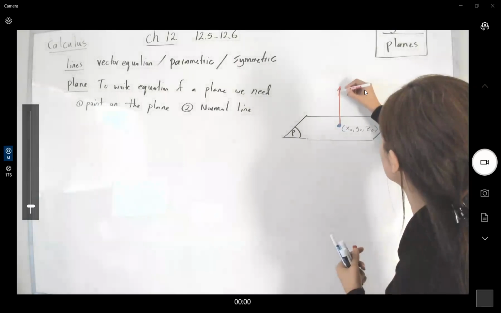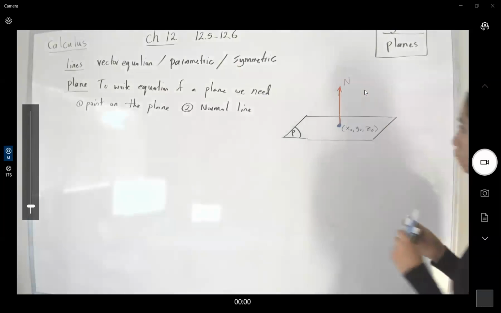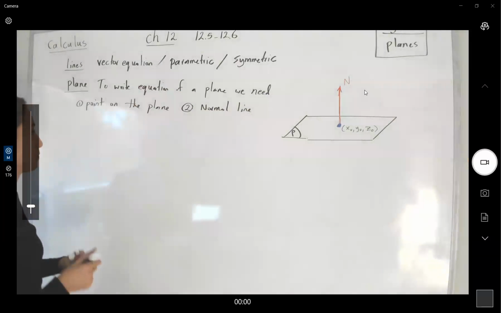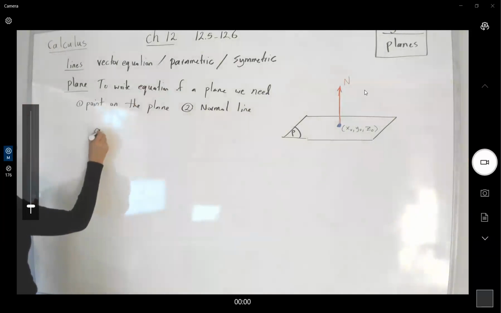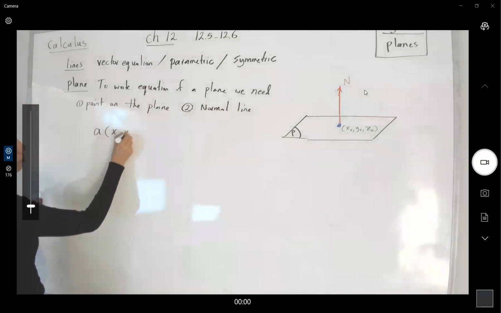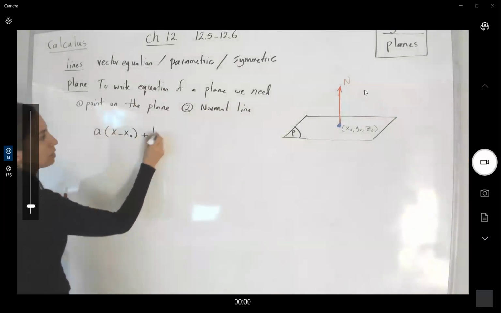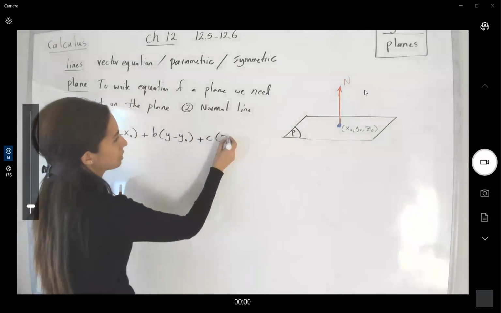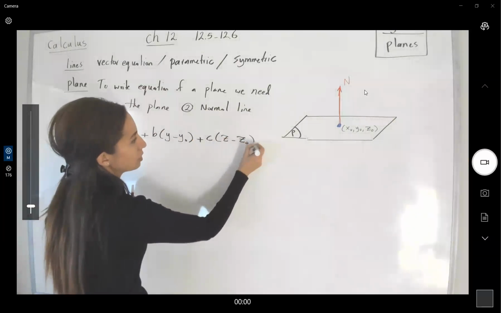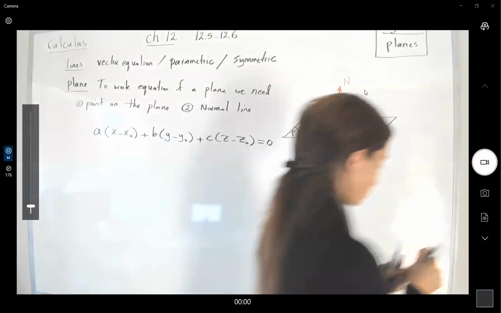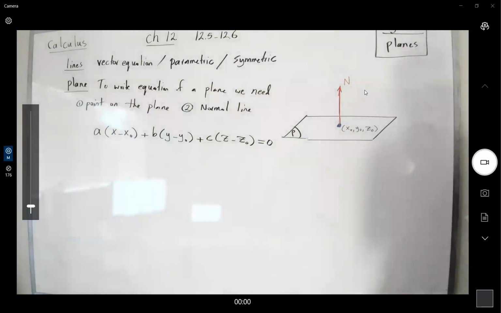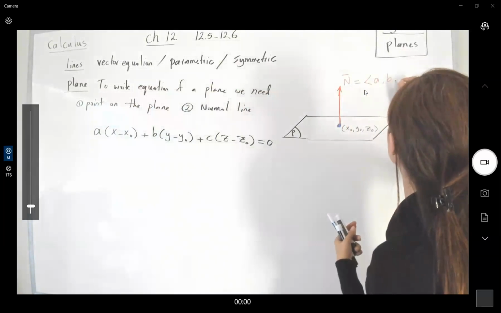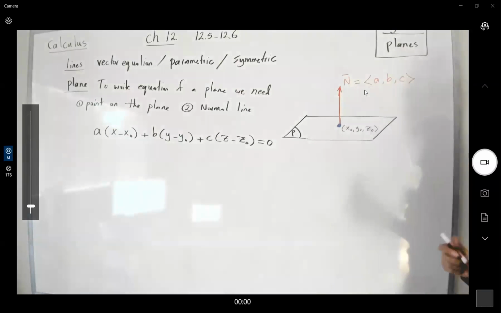We denote this by n. Well, the equation of the plane can be written this way. A times x minus x sub 0 plus b times y minus y sub 0 plus c times z minus z sub 0 equal to 0. Normal vector n with components a, b, and c.